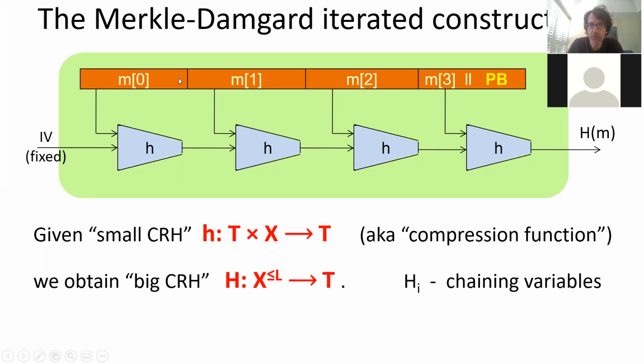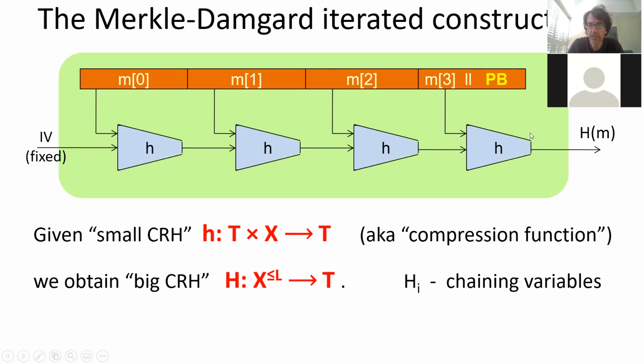So you divide your message into these blocks, and at the end you have some padding block. This padding block will encode the length of this message. It's also essential for security to do so.